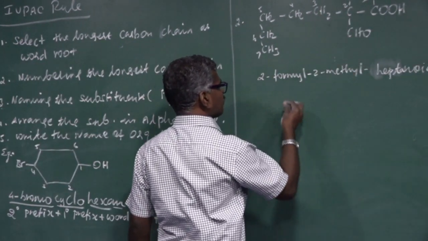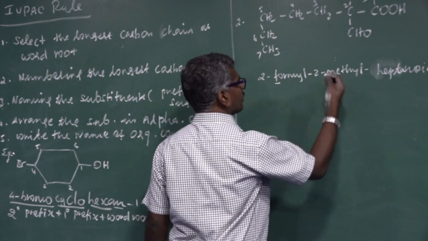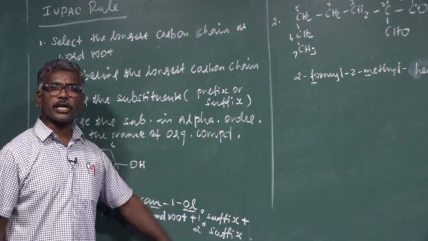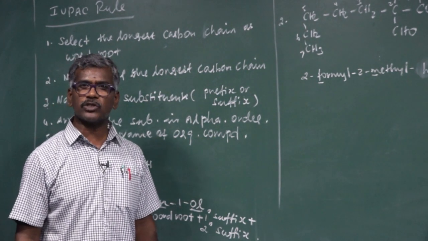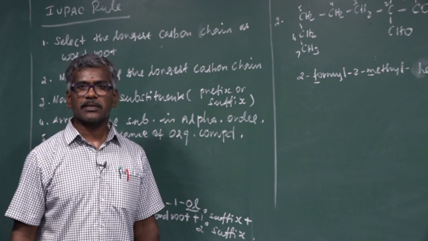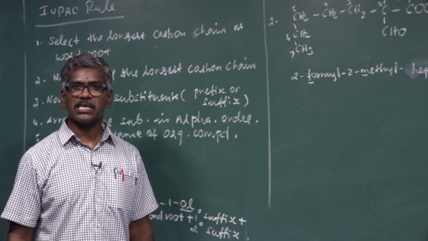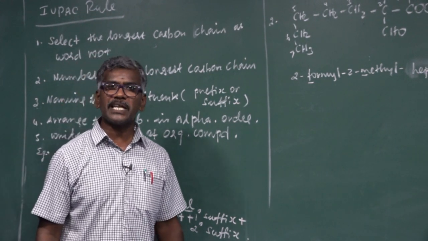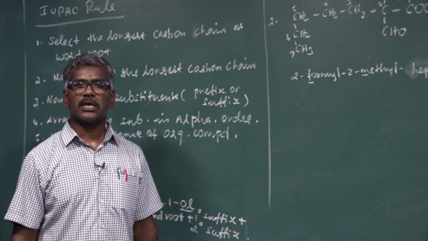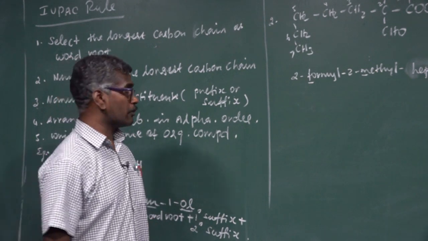Formyl's first letter is F, so it comes first. Another one, write the name of the organic compound. What is the formula for writing the name? Secondary prefix plus primary prefix plus word root plus primary suffix plus secondary suffix. Another one, nomenclature for aromatic compounds.